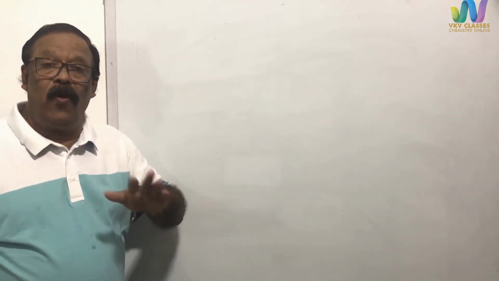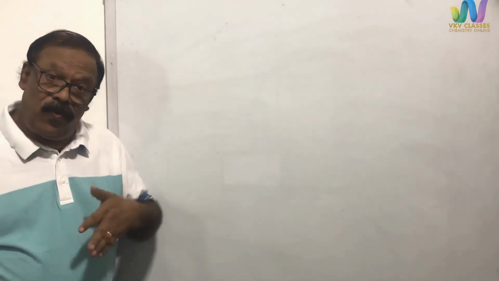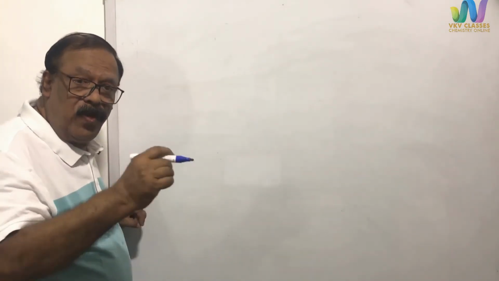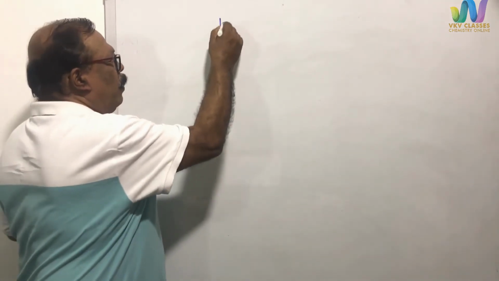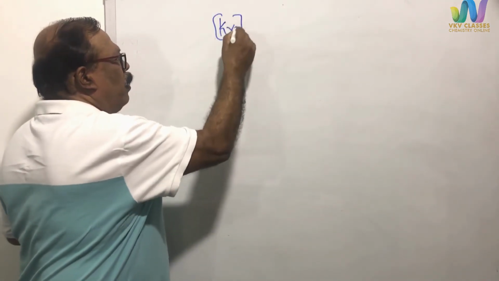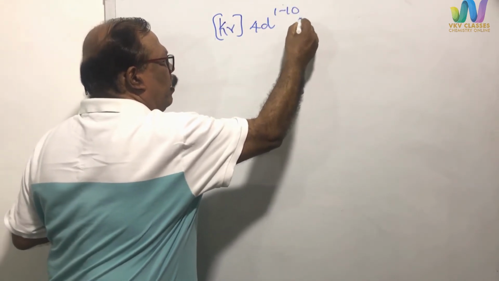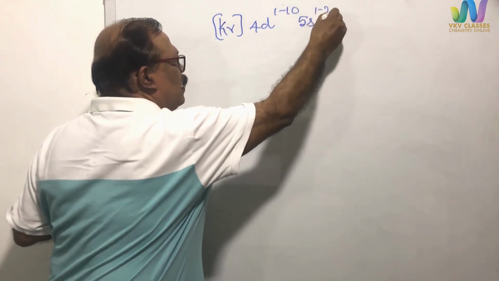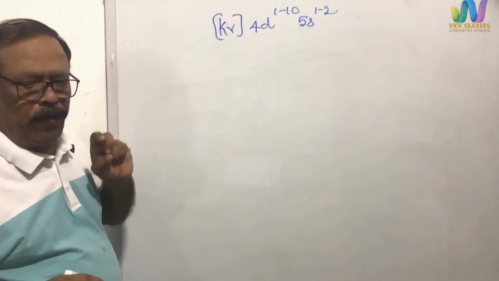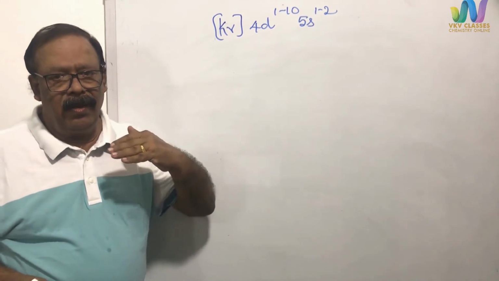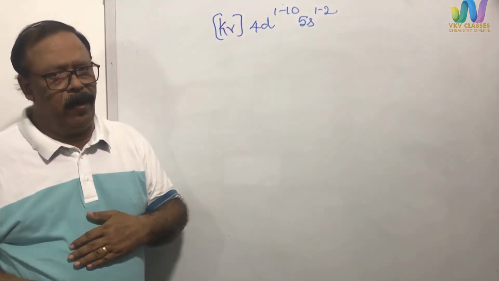In the 4d series, 4d orbitals are getting filled up. The rare gas before yttrium is krypton. So krypton, then 4d 1 to 10, 5s 1 to 2. So this will be the general configuration of the 4d series of the d block element.